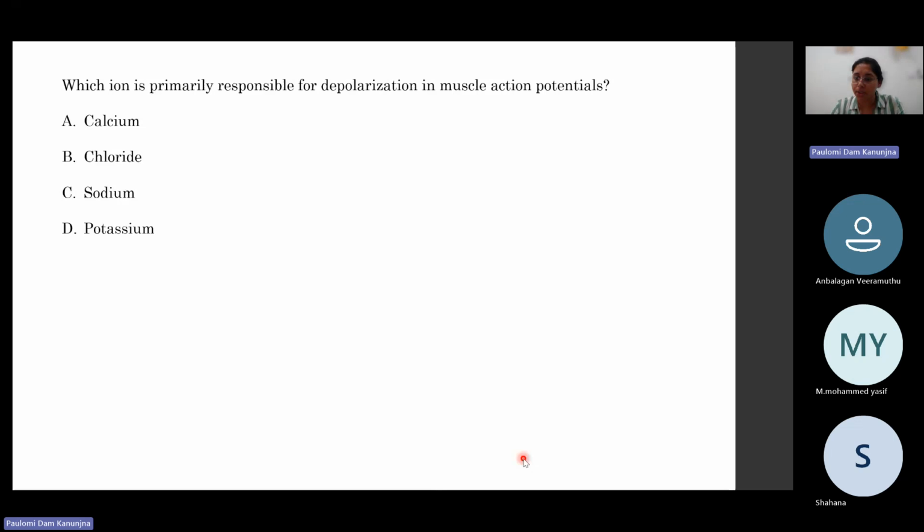So the answer is sodium. When we are talking about action potentials, sodium and potassium have a very great role, and for your muscle action potential, sodium has a role in depolarization.